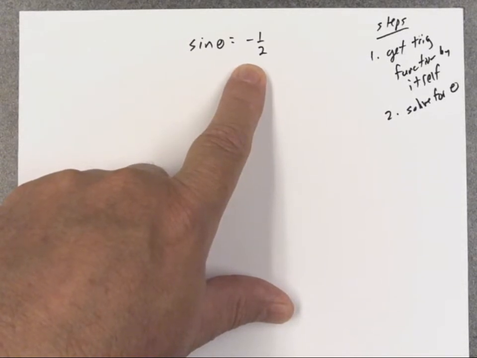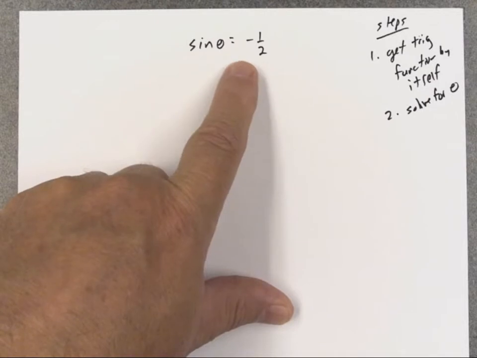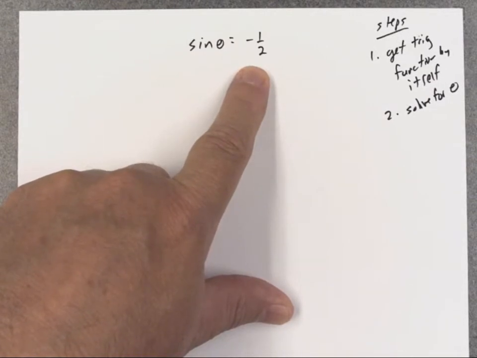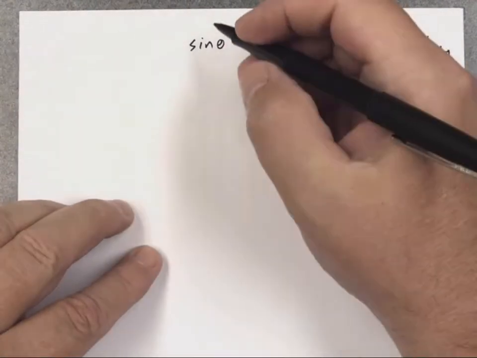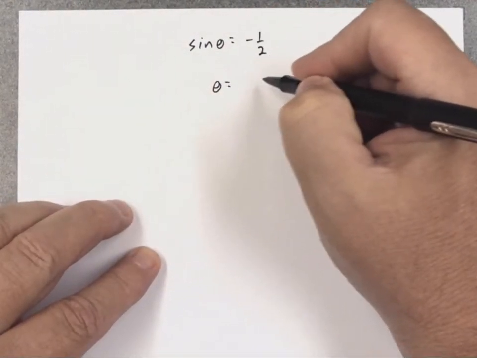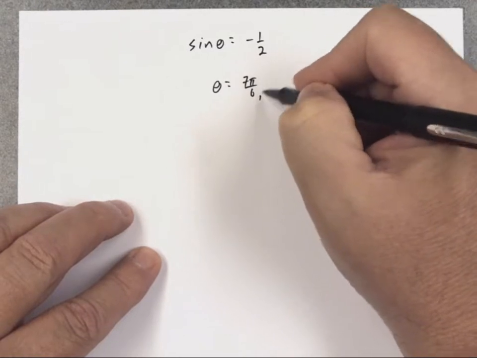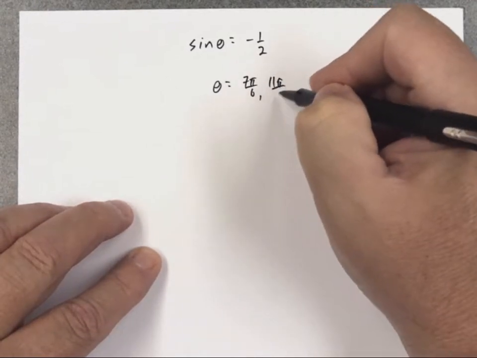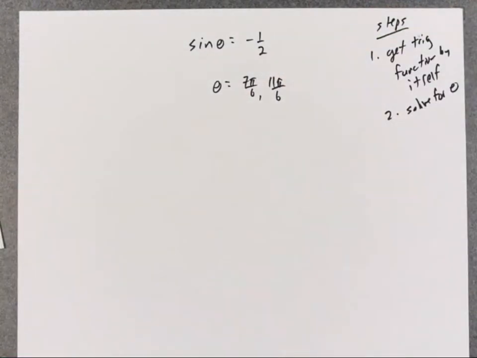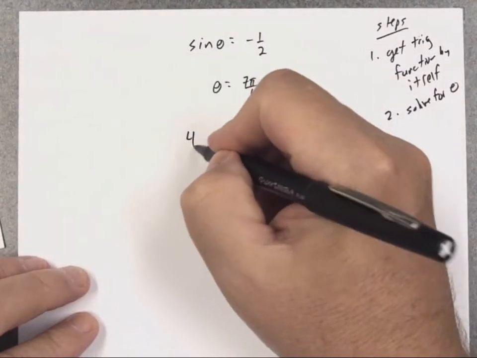And I think to myself, okay, the sine is 1/2 at the pi over 6 points, and I need the negative ones, so it's going to be down there in the third and fourth quadrant. So it's going to be 7 pi over 6 and 11 pi over 6. And there's my solution. One more quick one.